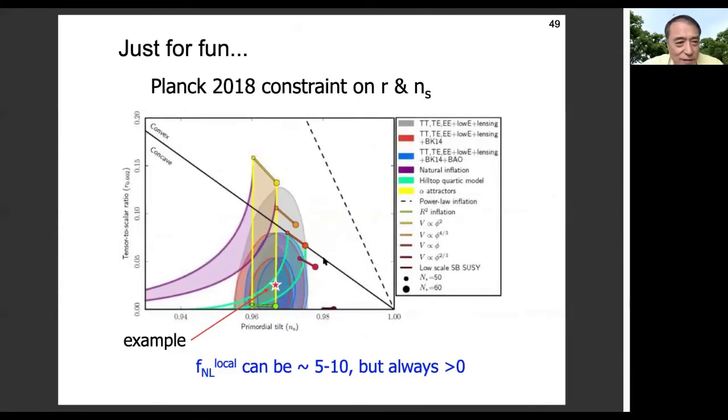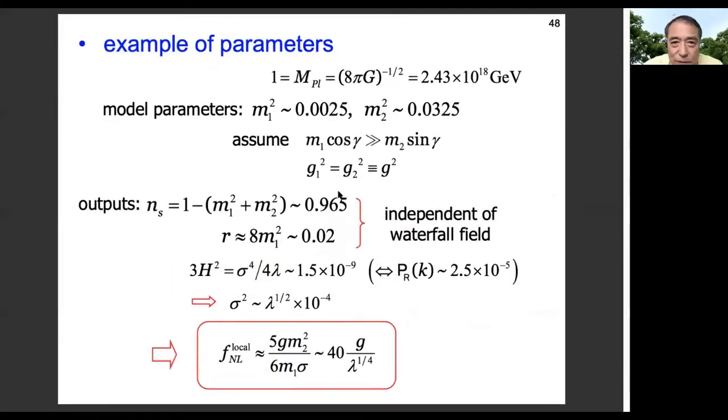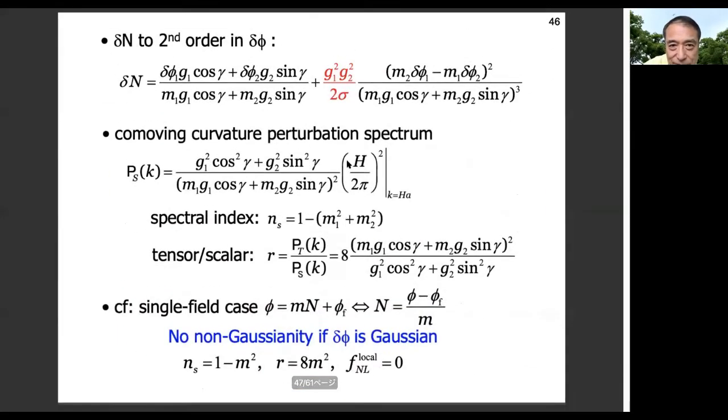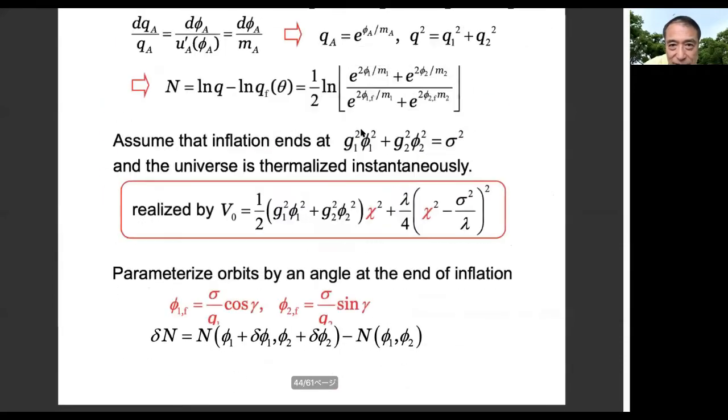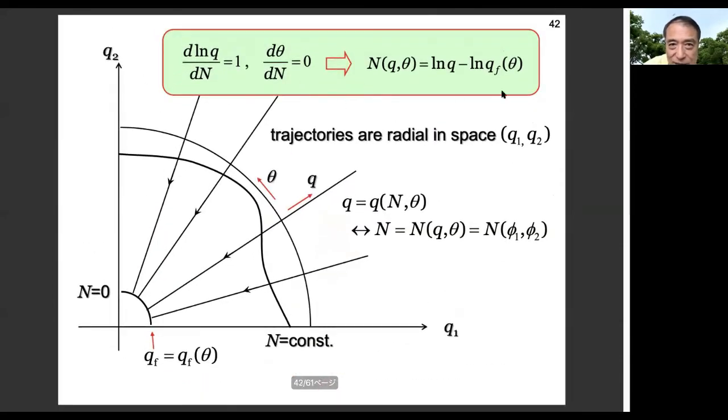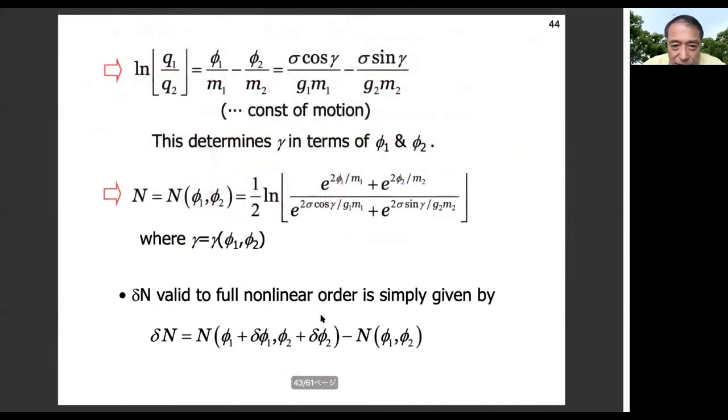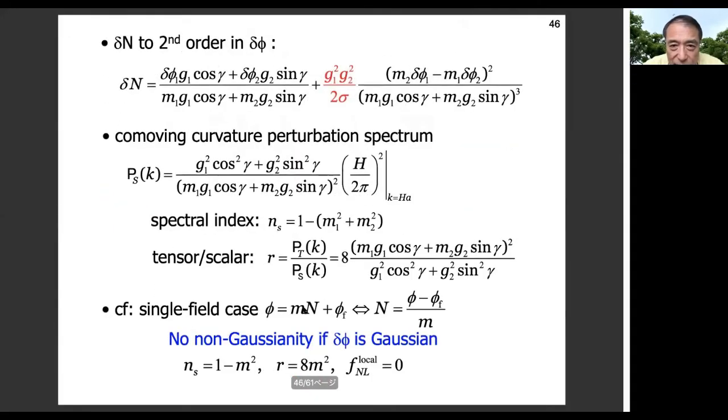This is just an example, but the whole important point was this. This was the essence of the delta N. Any questions? Okay, maybe you can ask me questions at any time later.